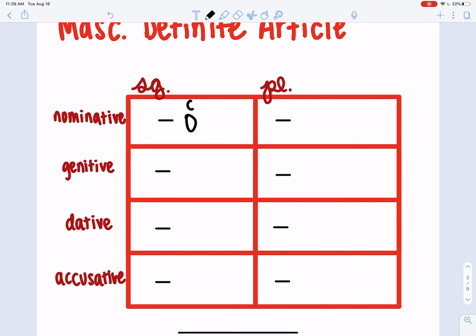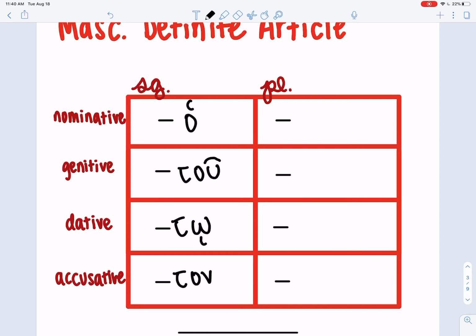So we have ho in the nominative, then tou in the genitive, so tau, omicron, upsilon, and this upsilon has a circumflex over it. Then in the dative, to, which is tau omega with an iota subscript, and then in the accusative, ton.